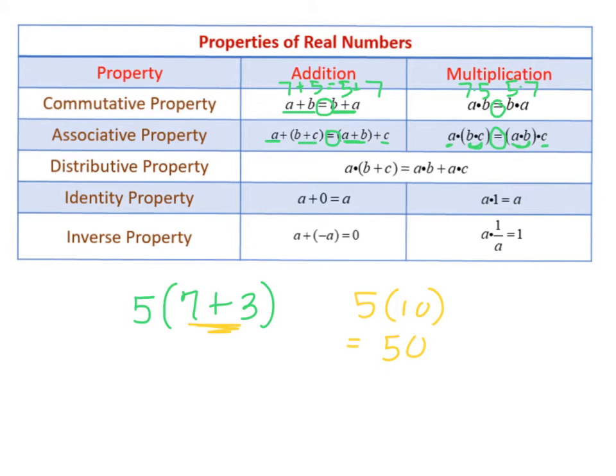But the distributive property tells us we can also multiply the 5 times the 7, which is 35, and then add the result of 5 times 3, which is 15, and we still get 50. When we talk about the distributive property, it's multiplication across an expression. And again, notice there's no operation in there. It's assumed it's multiplication. Okay, distributive property always involves multiplication.